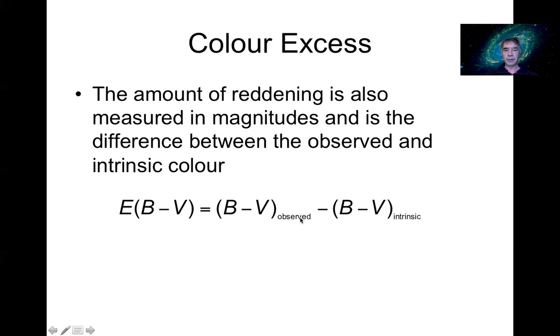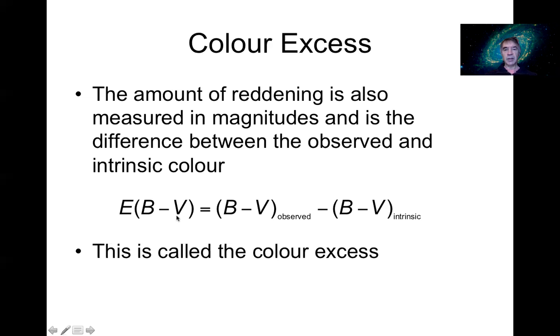And again, just as before, you can see that this is going to be a positive quantity because the dust is only going to make an object redder. And if you recall, a more positive B minus V value means that the color is redder. So the observed color will always be redder than the intrinsic color, and hence this value will always be positive. So that's referred to as the color excess. So that is a way of quantifying the reddening effect.